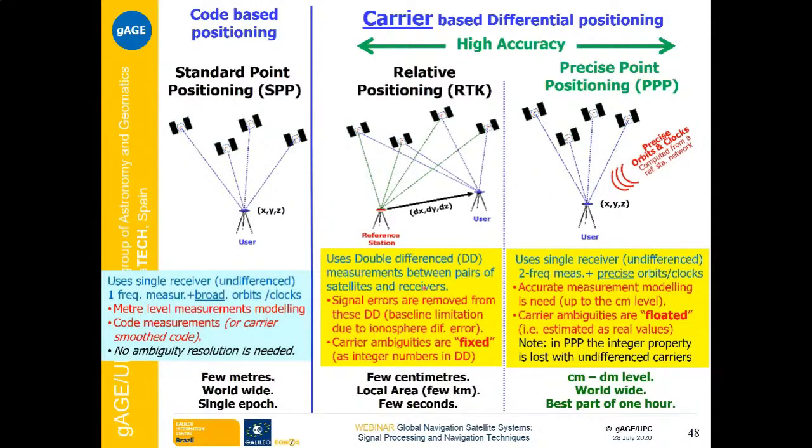Remember that among the integer term, we have two real valued terms, one of them corresponding to the satellite and the other to the receiver. And in double differences, we remove these real valued terms, and then the ambiguities are integer numbers of wavelengths. And we can use this information in order to fix the ambiguities.